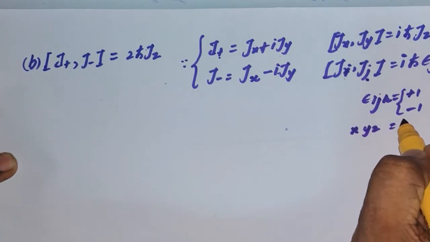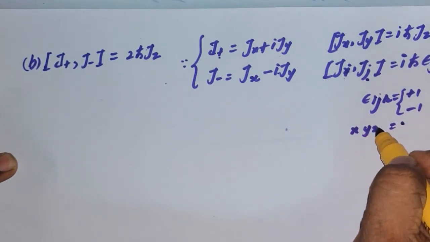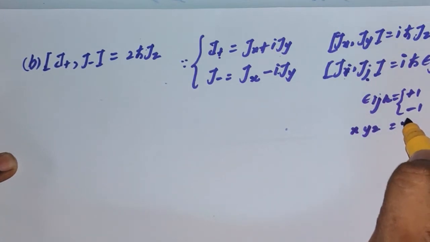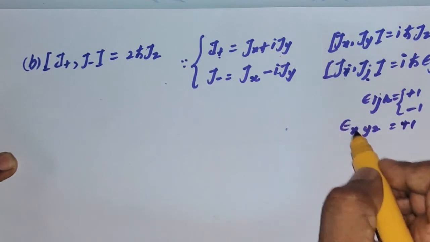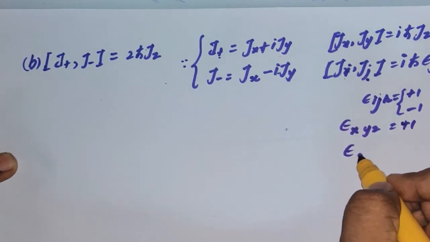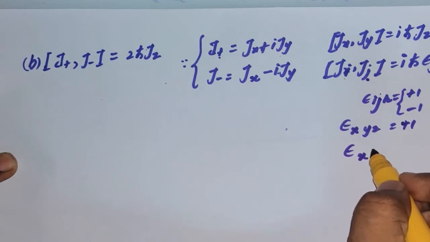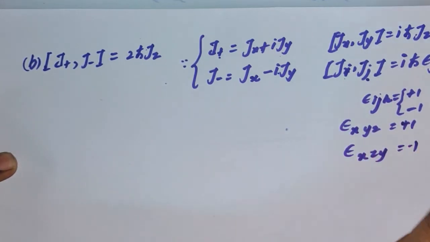If it is in the other order, like z, y, x, then this value will be minus 1.